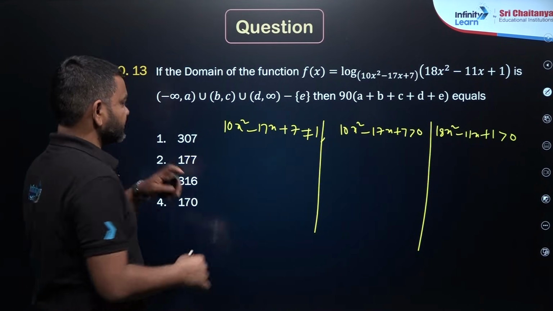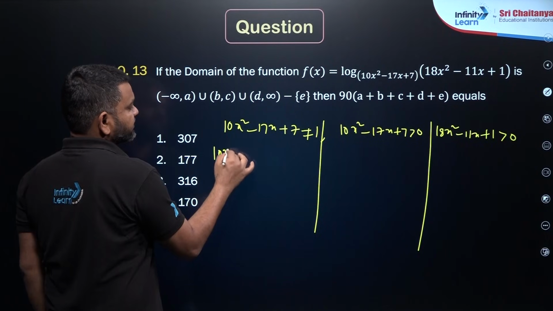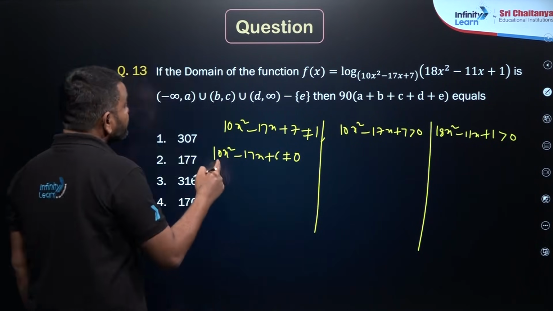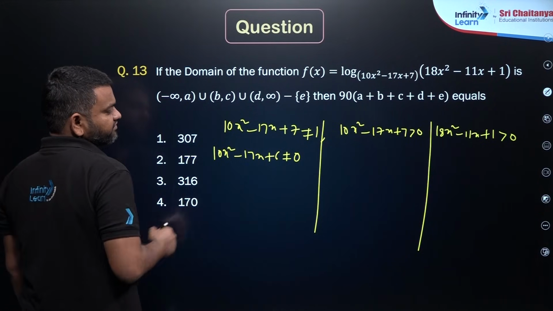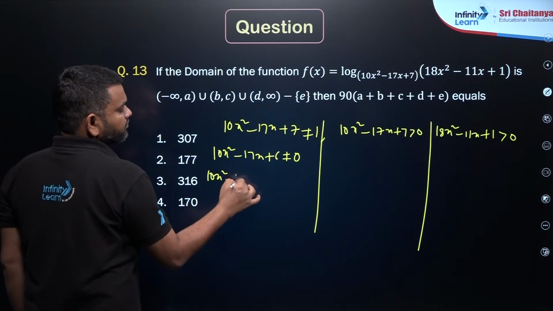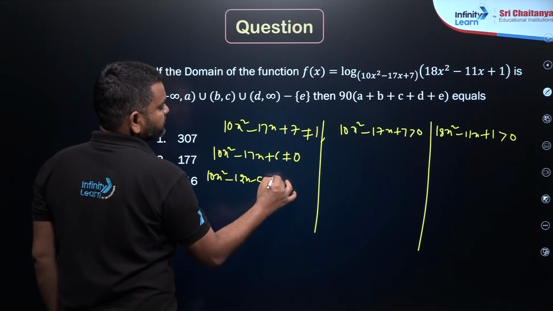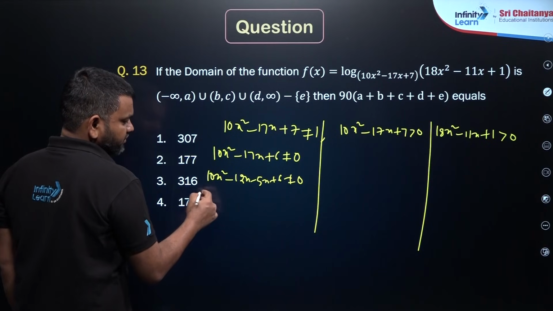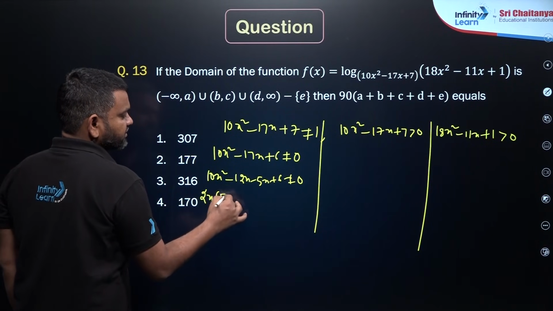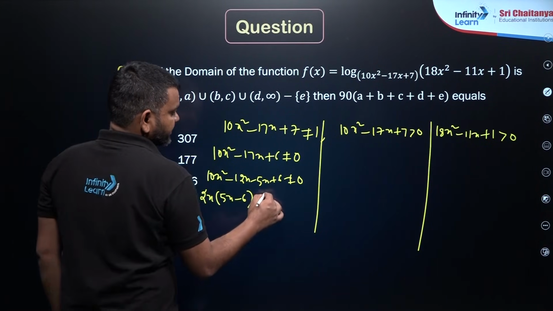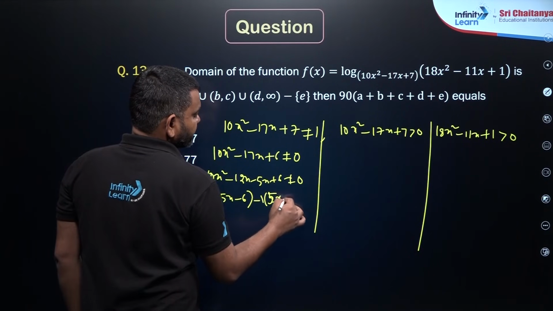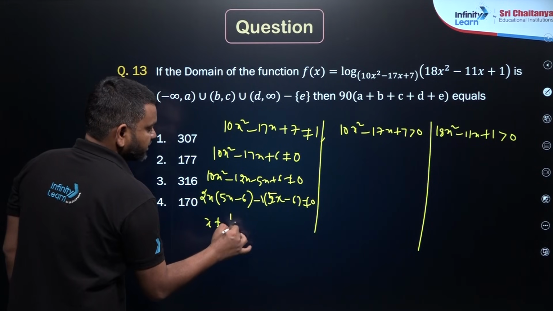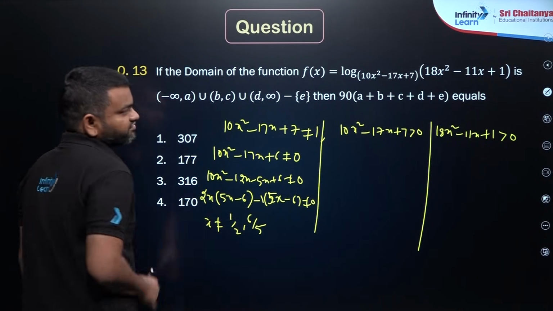Now if it is not equals to 1, can we write it as 10x square minus 17x plus 6 is not equals to 0? 60 I need, so 12 and 5 are, so 10x square minus 12x minus 5x plus 6, that is not equals to 0. So what I can take common here? Only 2. 2x if I am taking common, this is 5x minus 6, and minus 1 common, 5x minus 6 not equals to 0. So x should not be equals to 1 by 2 or 6 by 5.